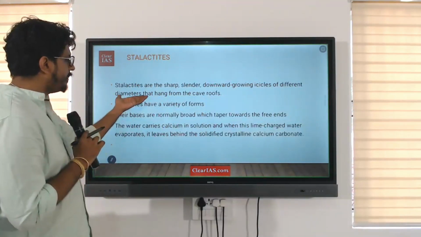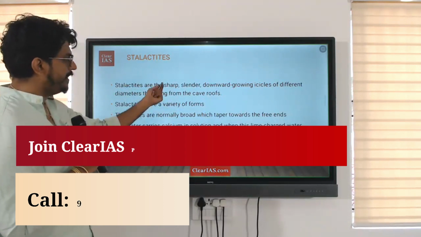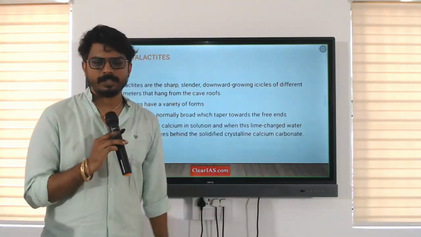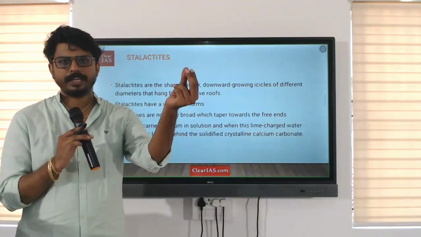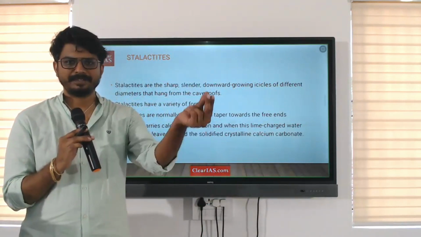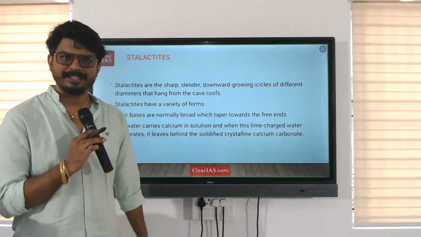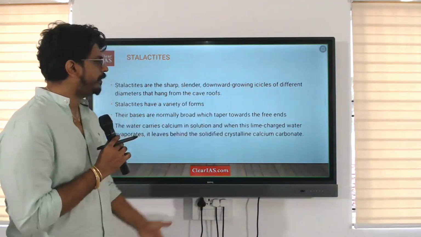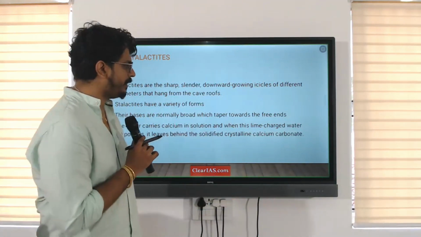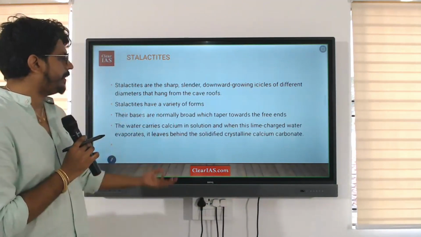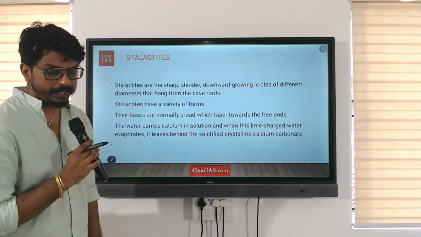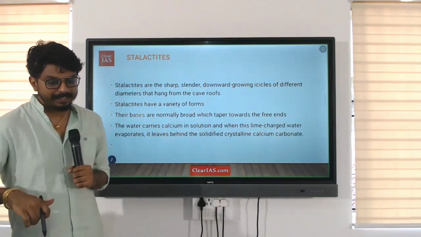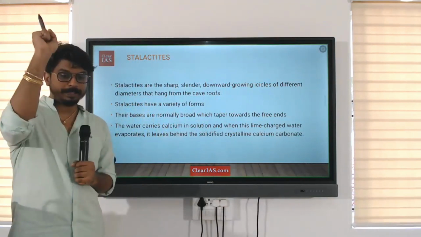Stalactites are sharp, slender, downward growing icicles. What are icicles? Where we see in fridges, right? In the freezers, we see small ice cones. These are called icicles. So stalactites are sharp, slender, downward growing icicles of different diameter that hang from the cave roof. To not get confused, I remembered: to hang, you need to be tight.